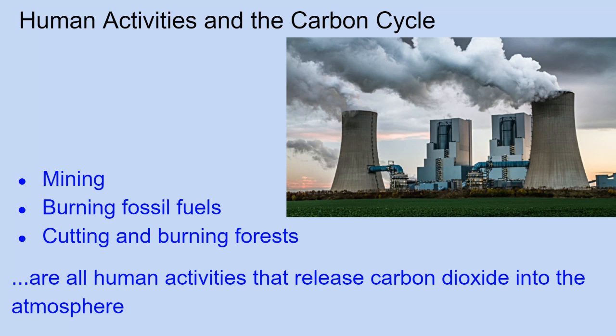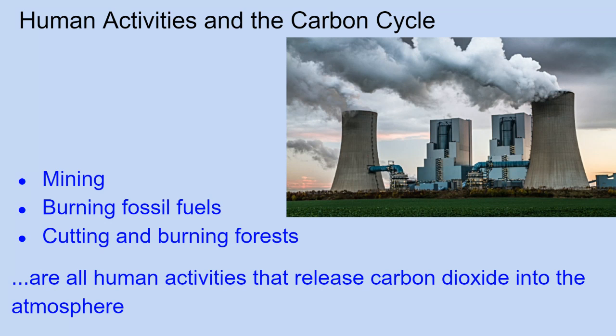And the other thing that we're doing that's kind of impacting the carbon cycle is we're cutting and burning forests. So not only does that release carbon into the atmosphere as you burn wood, but also it reduces the amount of photosynthesis and respiration carbon cycling that could have been going on. All those human activities release carbon dioxide into the atmosphere, and we've noticed that that can be pretty detrimental.